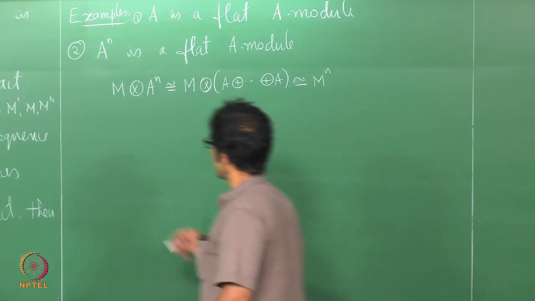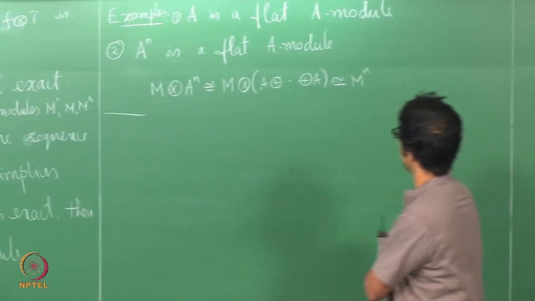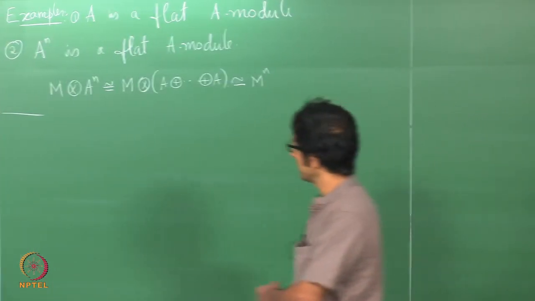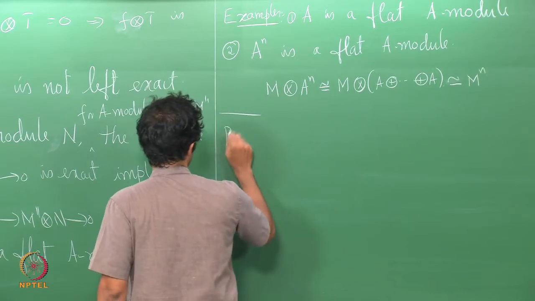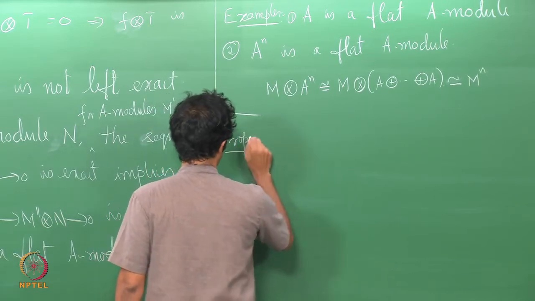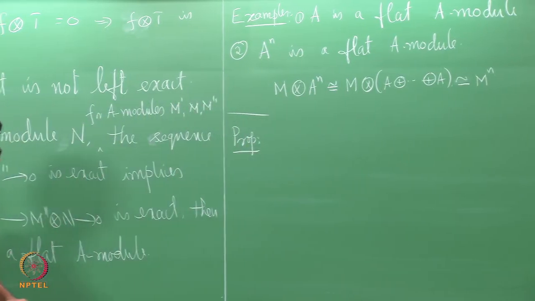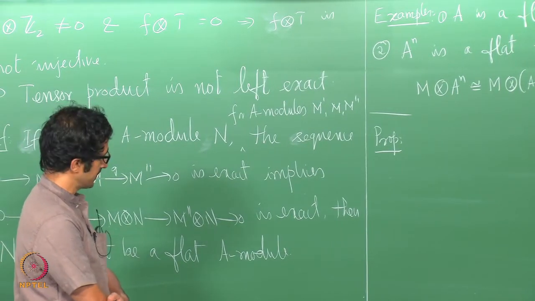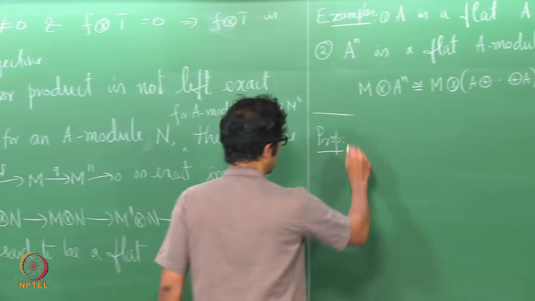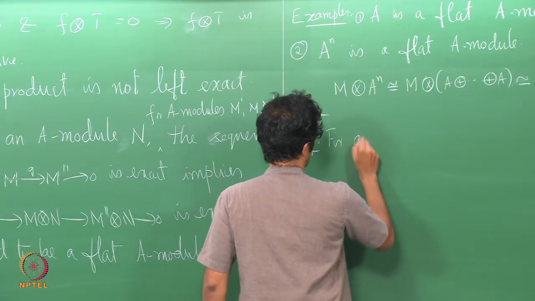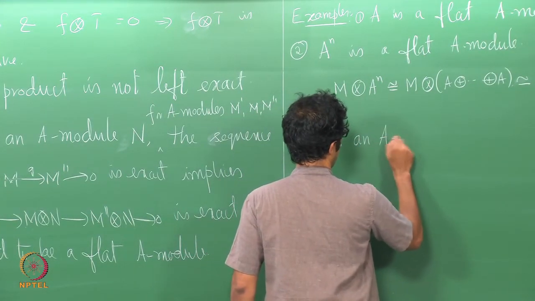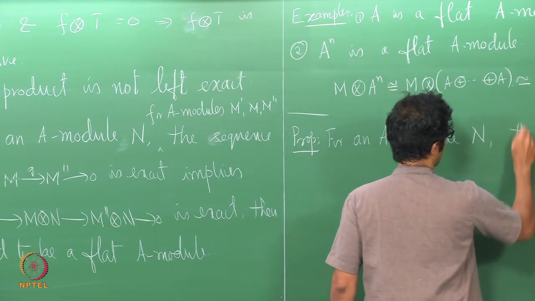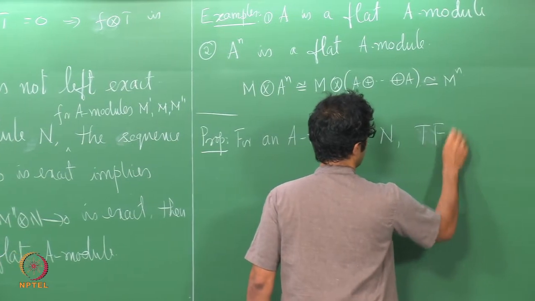We will see more examples of flat modules a little later. So, to start with, we will just look at one characterization of flat modules. For an A module N, the following are equivalent.